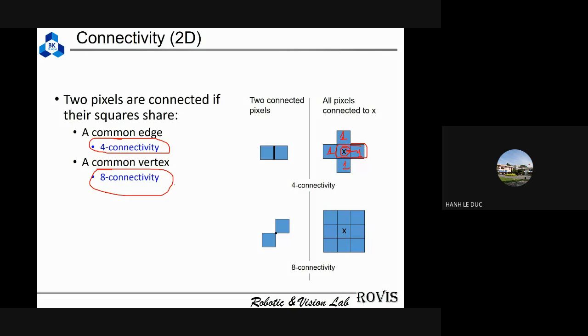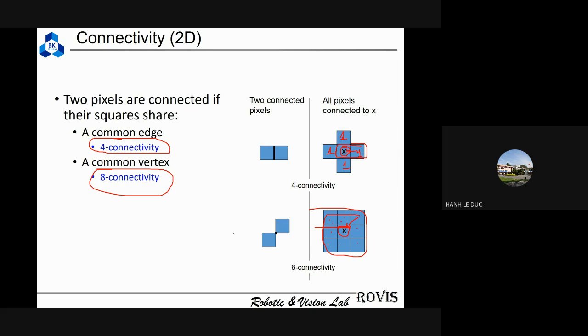So here, for example, in the center pixel, the surrounding or neighbor pixels will connect with it, so it will form one object.